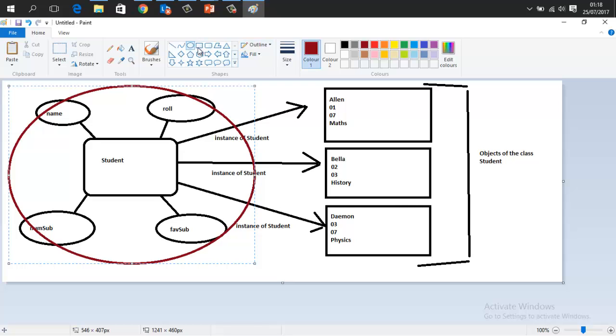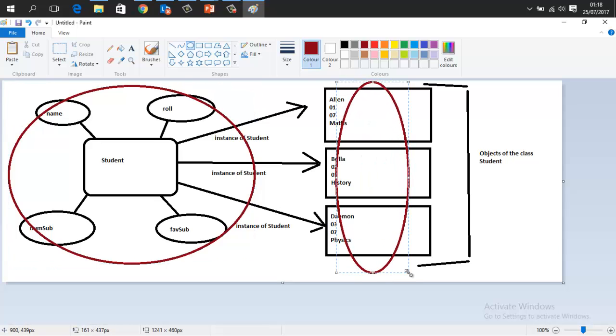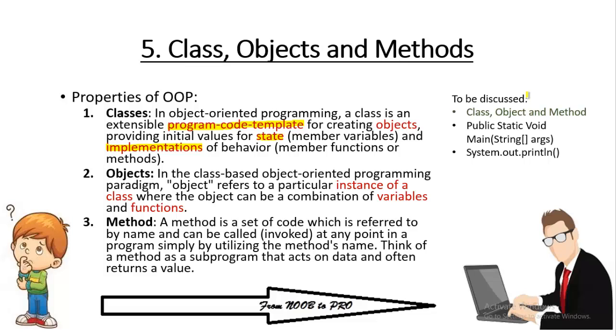And here is what we call the objects. That means the instance of class student, and that is an object. So individual student of the class is the object of the class. Okay, got it? So that is what an object is.